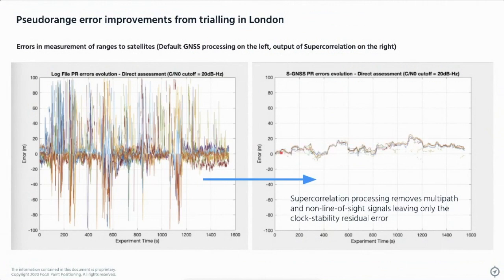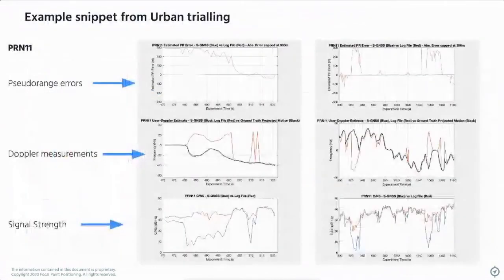So these variations that remain are basically due to the stability of the clock inside the smartphone. And the navigation engine processing removes that last bit of error when it solves for position and time. I'll show you a little bit more on the measurements that we improve with a supercorrelator.